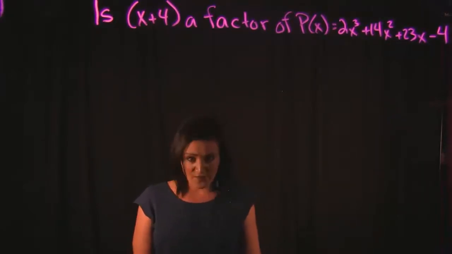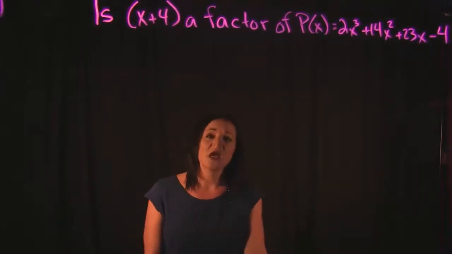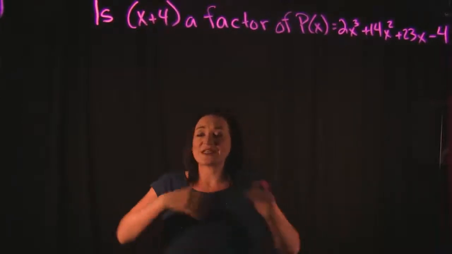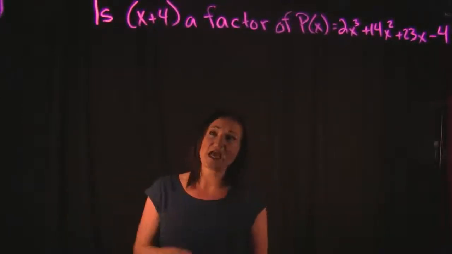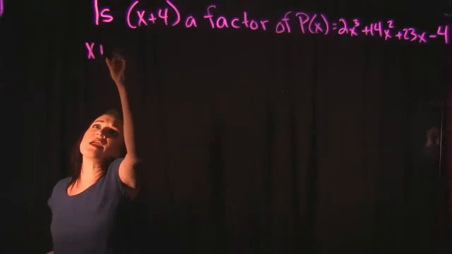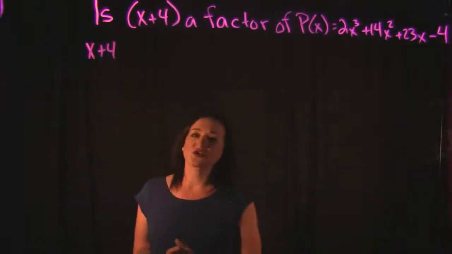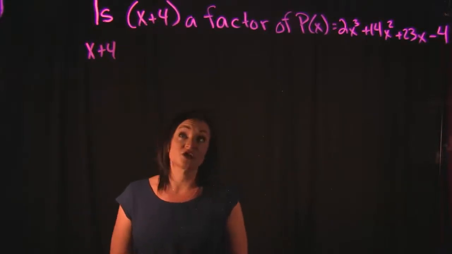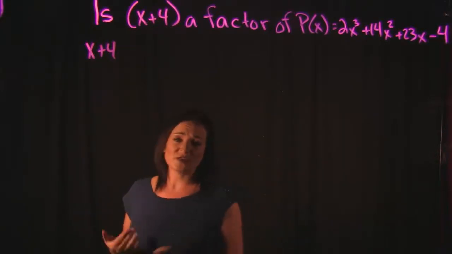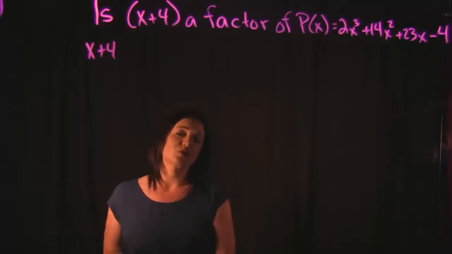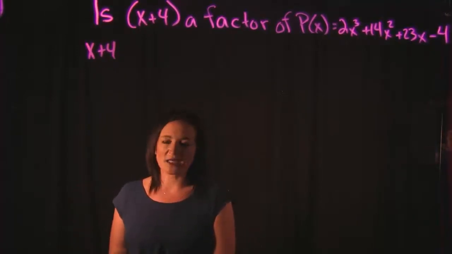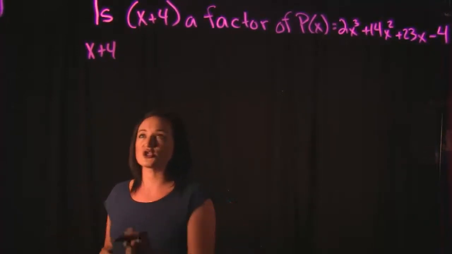Otherwise, if you are already familiar with synthetic division, then all we have to do here is take our factor and test it. So it gave us x plus 4. Essentially, if this is a factor, it is a zero of the function, so it's where this graph would cross the x-axis. So this is one of the solutions to it.